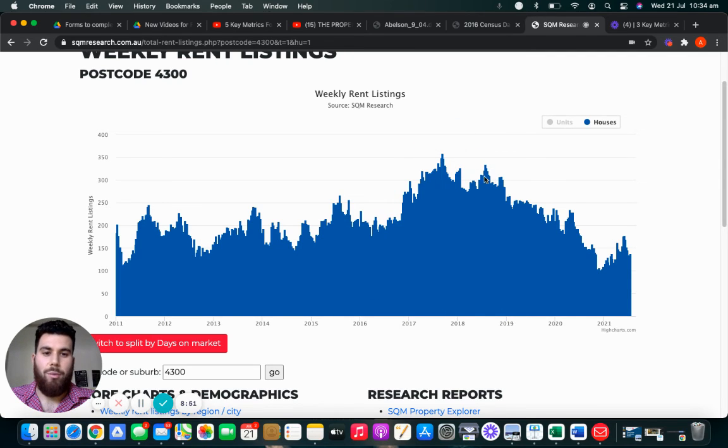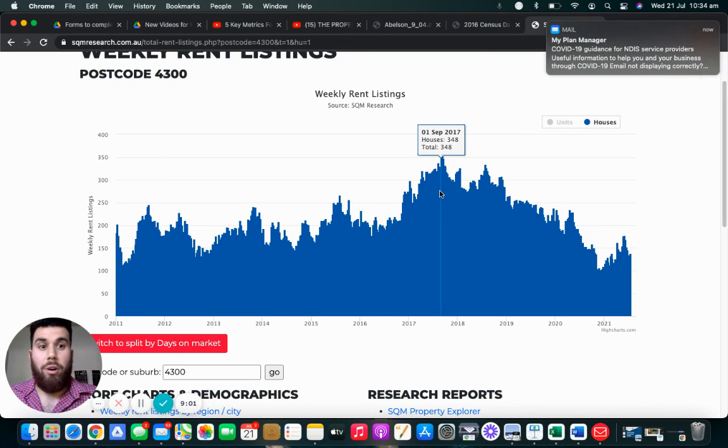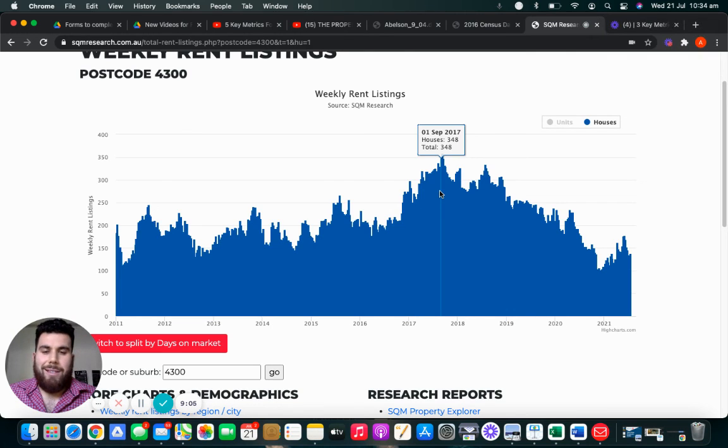If you find a town and you want to do some research, by all means, do this research and understand this market. But as I've touched on in my previous videos on how to identify a hotspot, we want to make sure there are infrastructure projects, job nodes, people moving there, migration, etc. We want to make sure that's happening first before we start looking at this sort of data.